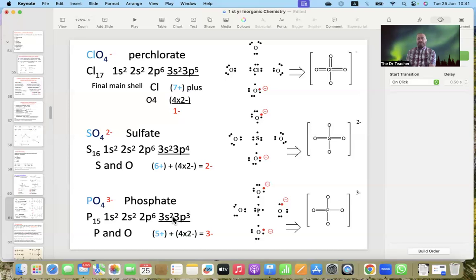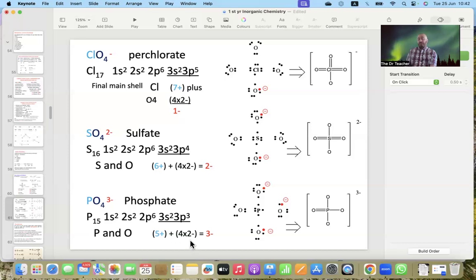So the 5 electrons of phosphorus formed 3 single bonds with 3 oxygens and 1 double bond with another oxygen. If we count now, phosphorus donated 5 electrons from the outer shell.